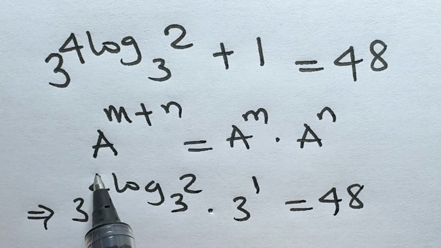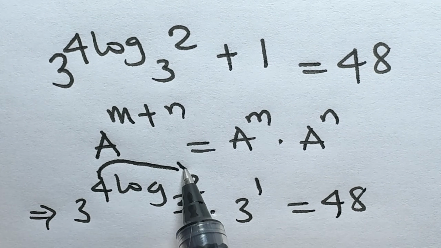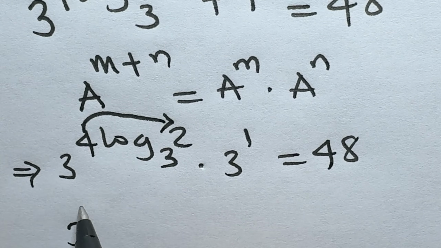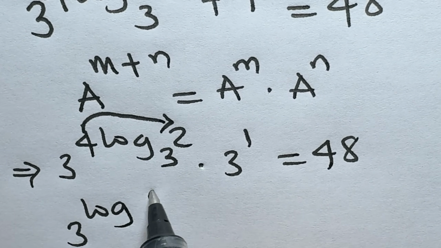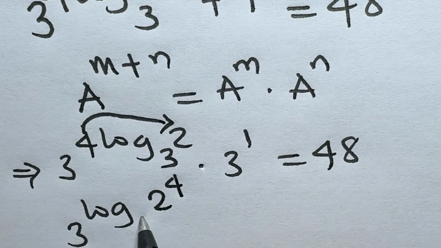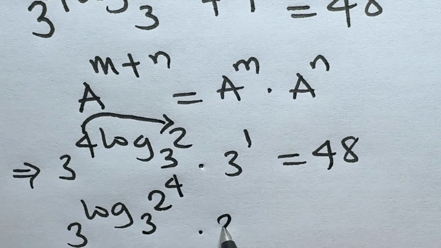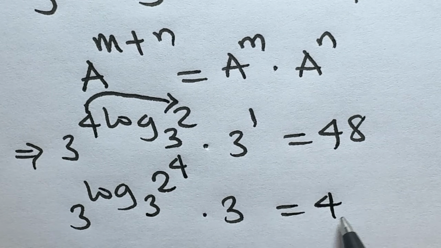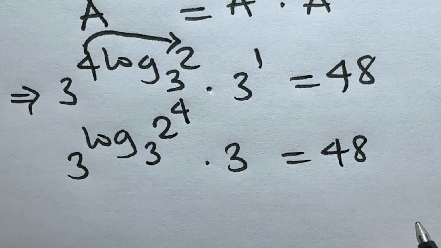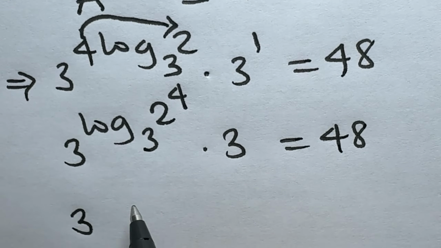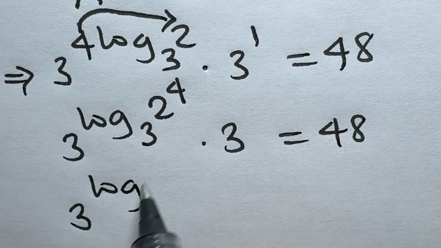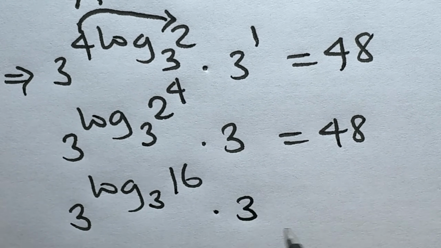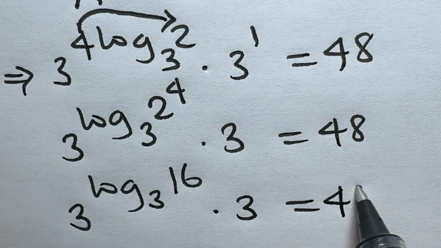I'm going to return this 4 back here by law of logarithm. So this is going to be 3 raised to power log 2 raised to power 4 base 3, then times 3. 3 raised to power 1 is 3, to give us 48. So this gives us 3 raised to power log of 2 raised to power 4, which is 16, base 3 times 3 is equal to 48.